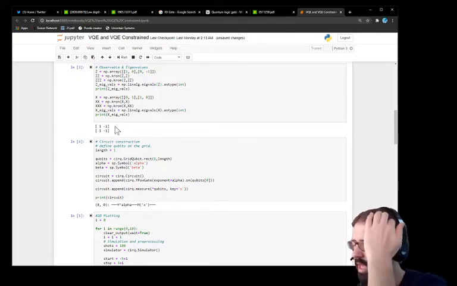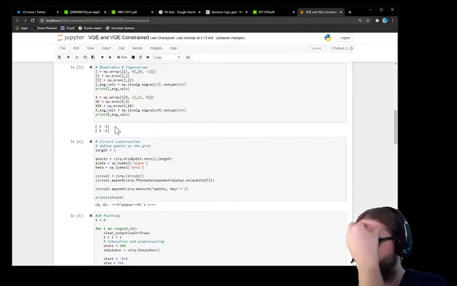Okay, but it's about the gate, really. The problem that I'm having here is that this is really about the gate.